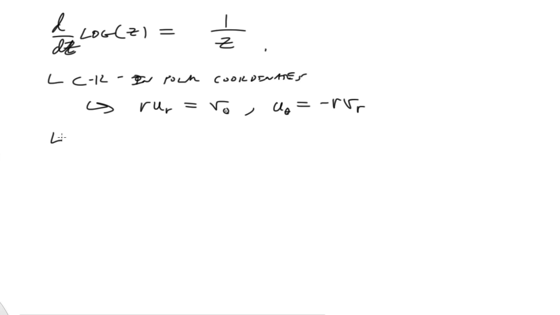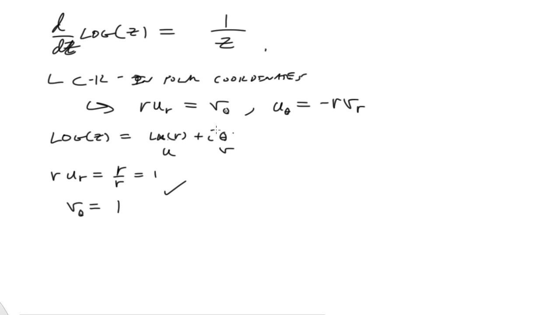Okay, so remember that log of z is equal to natural log of r plus i theta. So again, this is u, and that's v. Okay, so u_r is equal to 1 over r. If I multiply that by r, I get 1. V_theta is equal to 1. That checks out because these had to be equal.